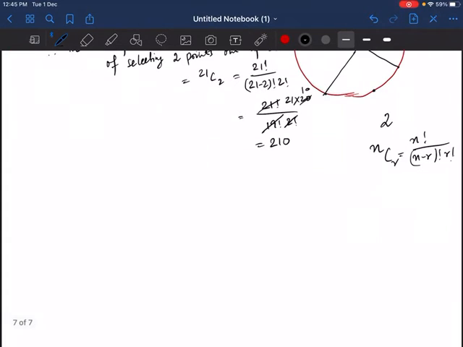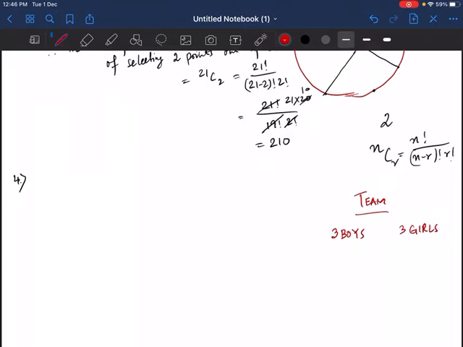Now let's move on to question number 4. It says: in how many ways can a team of 3 boys and 3 girls be selected from 5 boys and 4 girls? So basically we have to form different teams. They have told you what a team comprises: a team is made up of 3 boys and 3 girls.